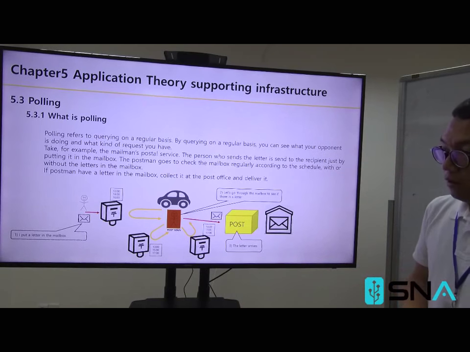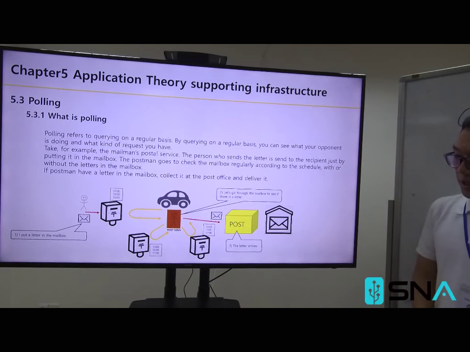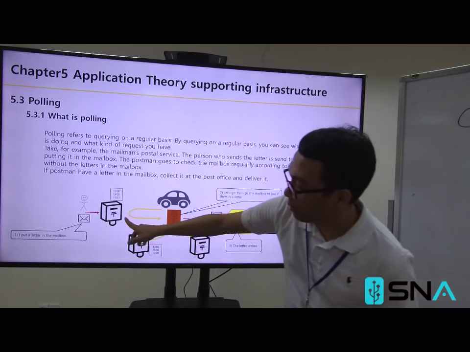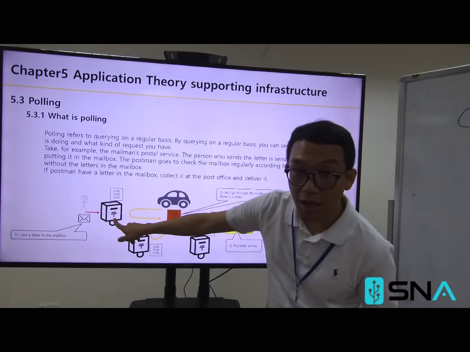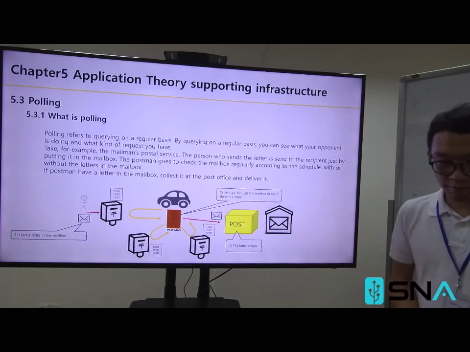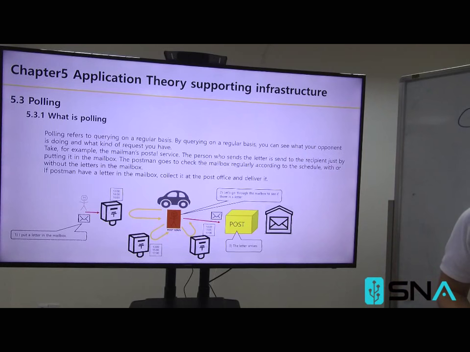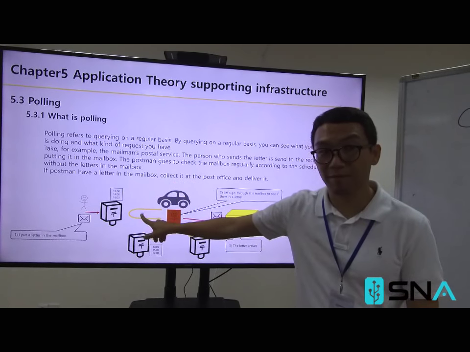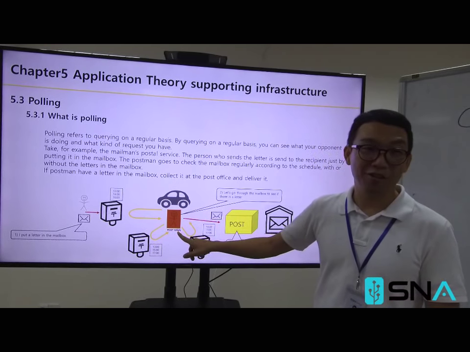But in this picture, one mailbox has 3 scheduled intervals, and the higher the frequency, the more the interval time is reduced. The postman can get really tired.